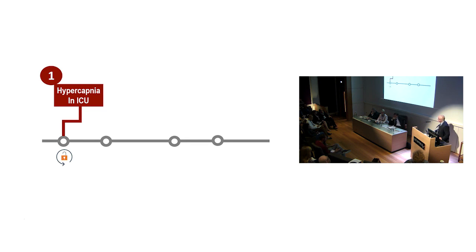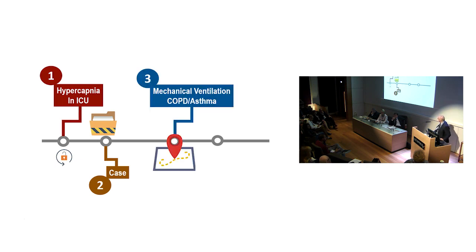Sorry. So what I was going to do in the next few minutes is we start looking at the problem of hypercapnia in the ICU, and then we'll look at some examples of hypercapnia in ARDS, hypercapnia in COPD, asthma, etc. And then we'll talk a little bit about mechanical ventilation, particularly in COPD and asthma.